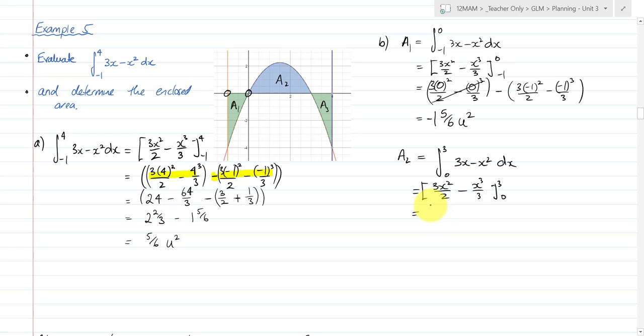So when we substitute this in, we get 3 times 3 squared over 2 minus 3 cubed over 3, and we get the same thing over here: 3 times 0 squared over 2 minus 0 cubed over 3. So in this case that's 0, as we calculated earlier, but sometimes it won't be 0, so don't be afraid to go back and look at the same boundary you've already calculated once. And we calculate out 3 times 3 squared over 2 minus 3 cubed over 3, and we get 4.5, or 9 over 2 units squared for that calculation.